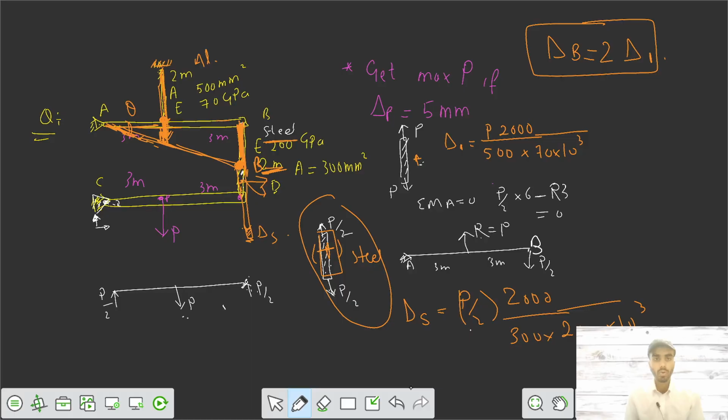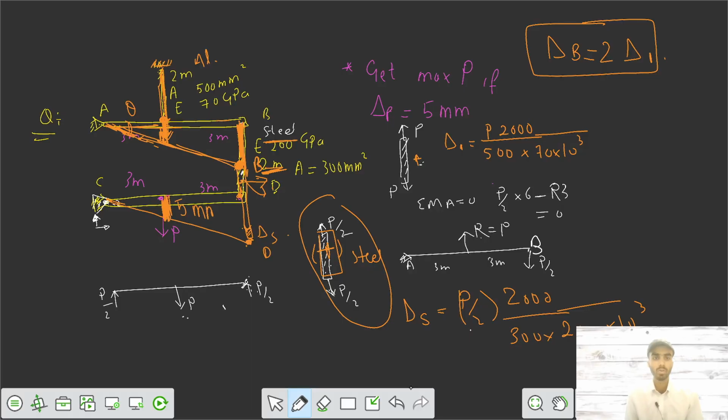Once your point D has reached to this point, since the bar CD is reached, C has to rotate by some theta in order to maintain the slope. So your displacement at P, we know already, we have limited it to 5 mm.